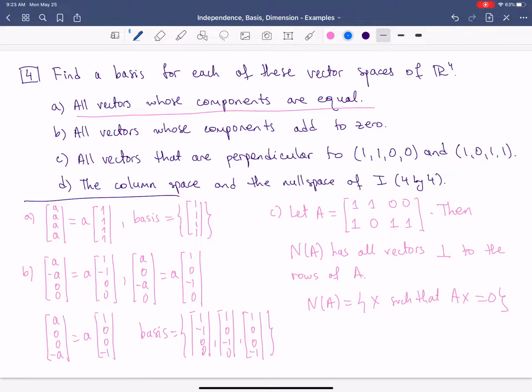And since for every invertible matrix the columns are linearly independent, we know that the basis consists of just the columns of the identity matrix.